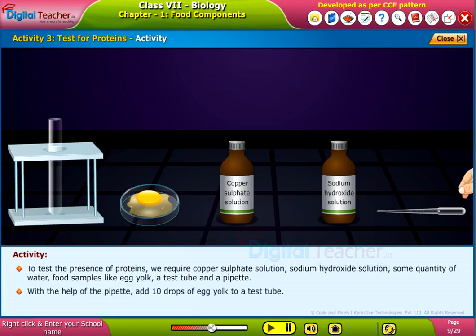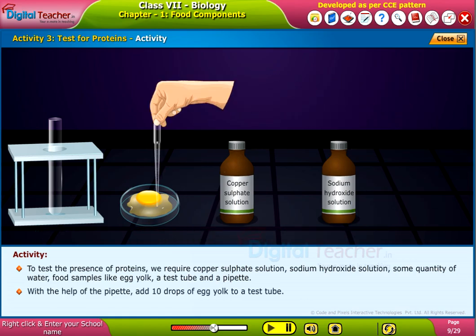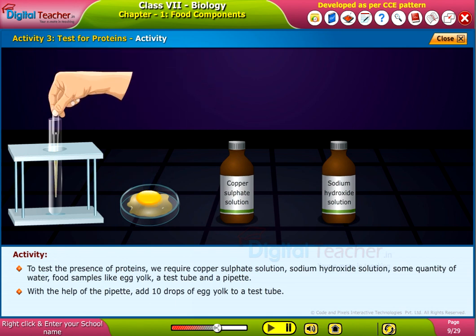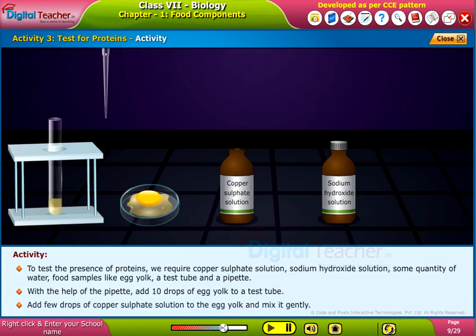With the help of the pipette, add 10 drops of egg yolk to a test tube. Add a few drops of copper sulfate solution to the egg yolk and mix it gently.